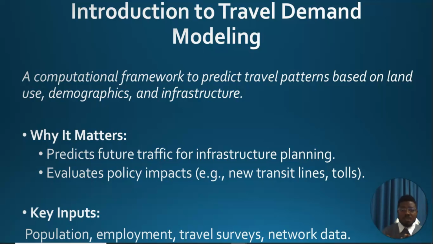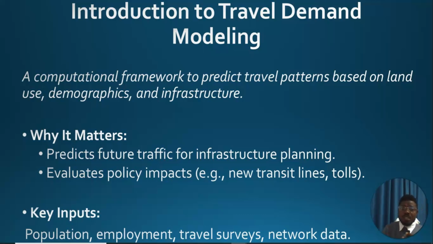The important concept here is that it entails a process which we're still going to be looking into later in the video. There are processes involved: we have the trip generation, we also have the trip distribution, we have the choice of mode and also the trip assignment.